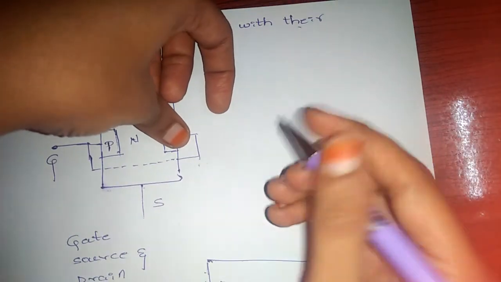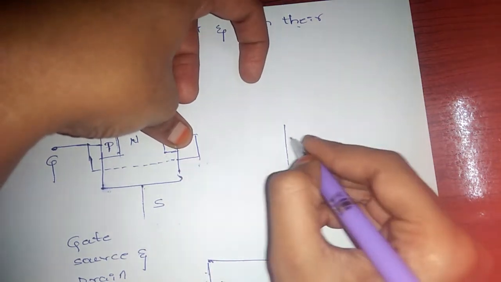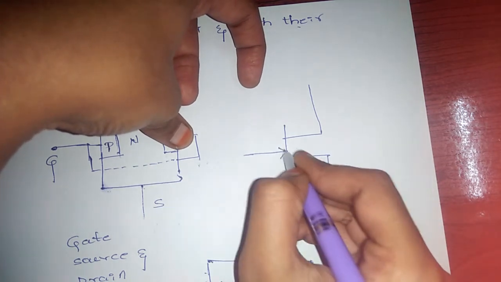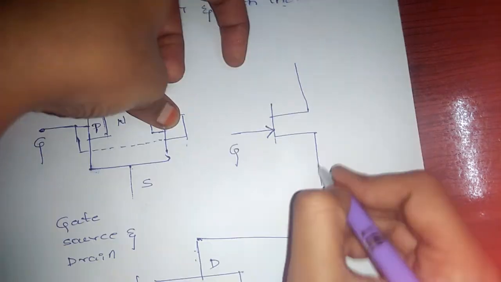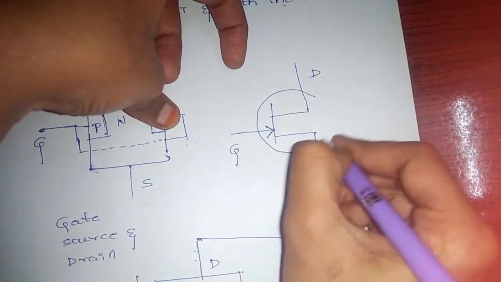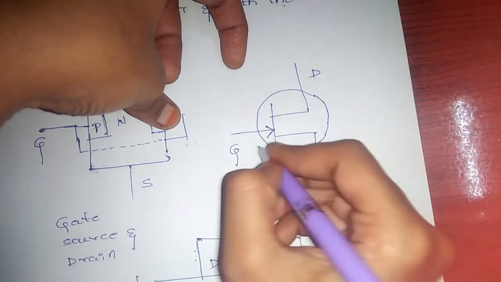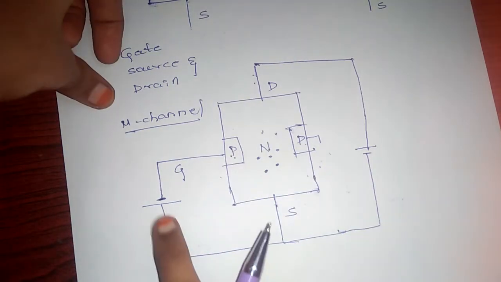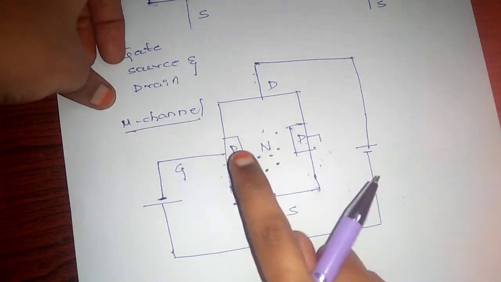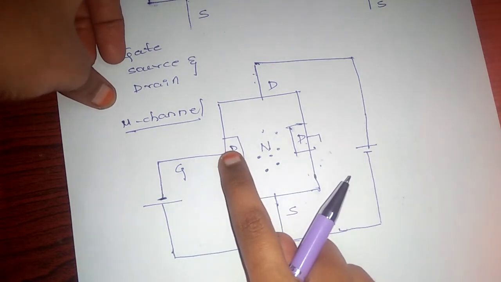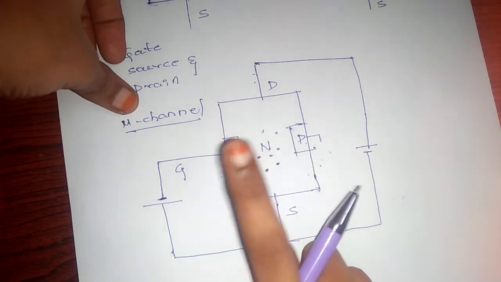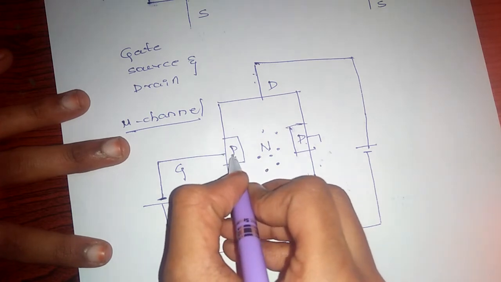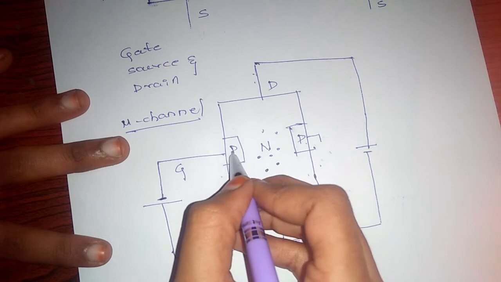And what is the symbolic notation for the N channel? For the N channel, the arrow will be towards the gate, with source and drain. Why does the gate have the arrow pointing towards it? As we have given a negative reverse bias, the electrons will move in this direction, and moreover here we have holes as majority charge carriers in the gate.